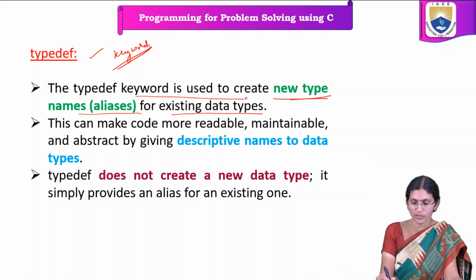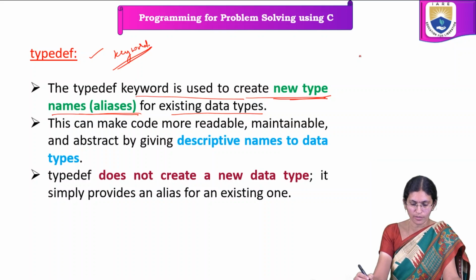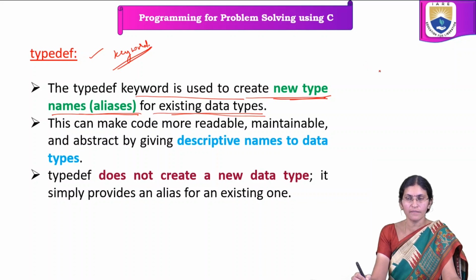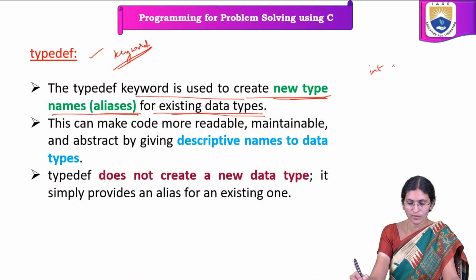The typedef keyword is used to create a new type name, alias, or synonym for the existing data type. For example, we already have primitive data types like integer, float, etc. So int a specifies that a is a variable which stores an integer value.